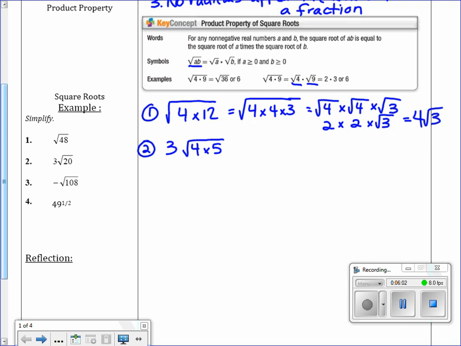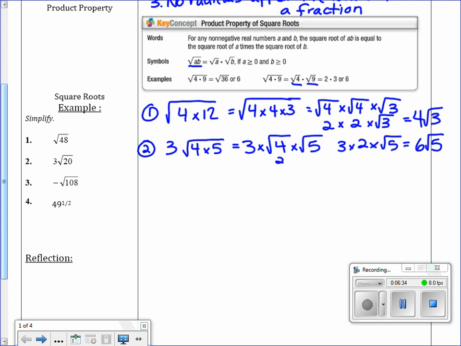So this equals 3 times the square root of 4 times the square root of 5. The square root of 4 is 2. So I have 3 times 2 times the square root of 5, because 5 can't go any further, it would turn into an irrational number. 3 times 2 is 6, so I end up with 6 times the square root of 5.